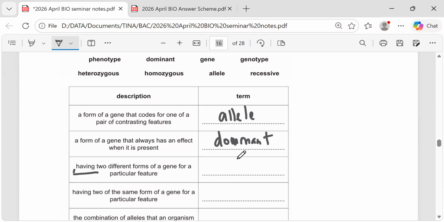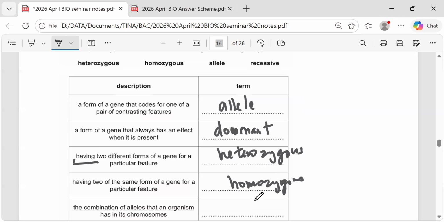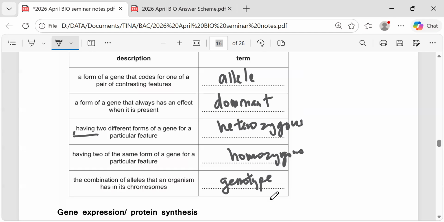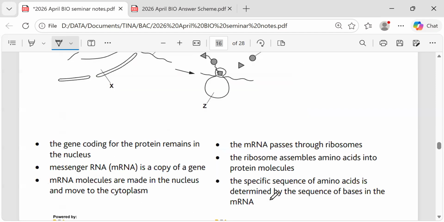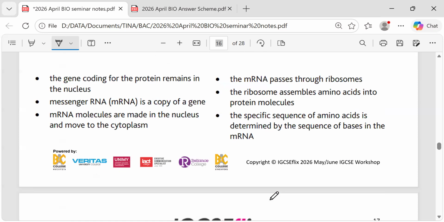I didn't see the first word. Yes, heterozygous. Apologies. Having two of the same gene. Yes. The genotype: combination of alleles. Yeah. And the only time you can see it, right? Visually. The observable. Okay, so this one we've done many times. The mRNA and everything. Yeah.